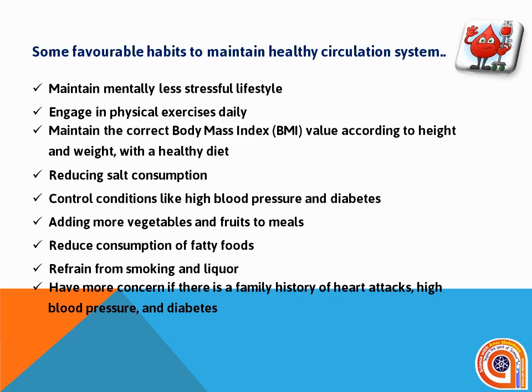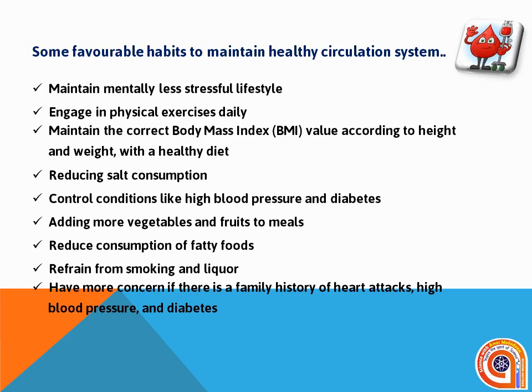Control conditions like high blood pressure and diabetes, which are also related to our diet. Add more vegetables and fruits to the meals; more and more vegetables and fruits we have to consume, and reduce the consumption of fatty foods. The oily, lipid-containing foods we have to reduce. Refrain from smoking and liquor.